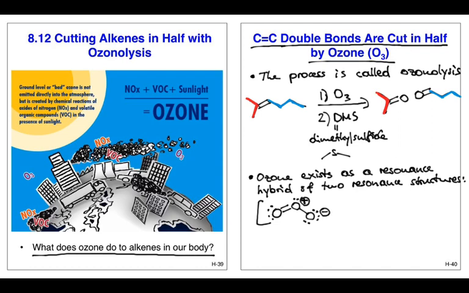Note the positive formal charge on the central oxygen and the negative charge on the other oxygen. But now you can push the negative charge from the right oxygen to the left oxygen. That gives you the other resonance structure. So the negative charge is equally distributed between the left and the right oxygen. Both of these terminal oxygen atoms carry a negative charge of minus 0.5.